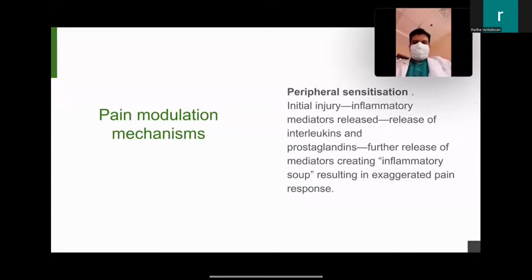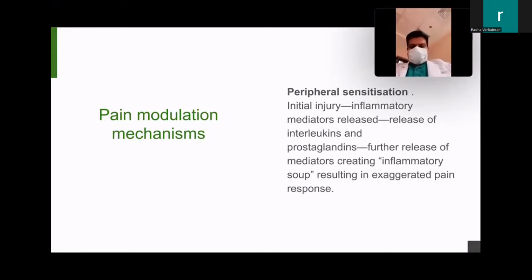Next, we'll see what the modulations are that happen, the various neuromodulation or pain modulation mechanisms. First is peripheral sensitization. What are they trying to mention in this peripheral sensitization? Whenever there is tissue injury, we have seen that there is inflammation. When the inflammation happens, inflammatory mediators are released.